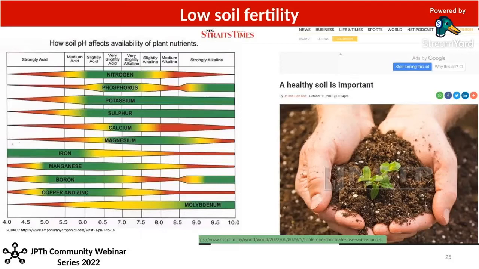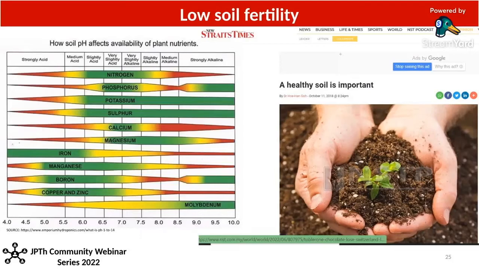Our highly weathered tropical soil pH is usually between 4.5 and 5. So we have a severe issue on macronutrients. That's why we need a big amount of fertilizer, and the cost of production management usually goes to the fertilizer application.